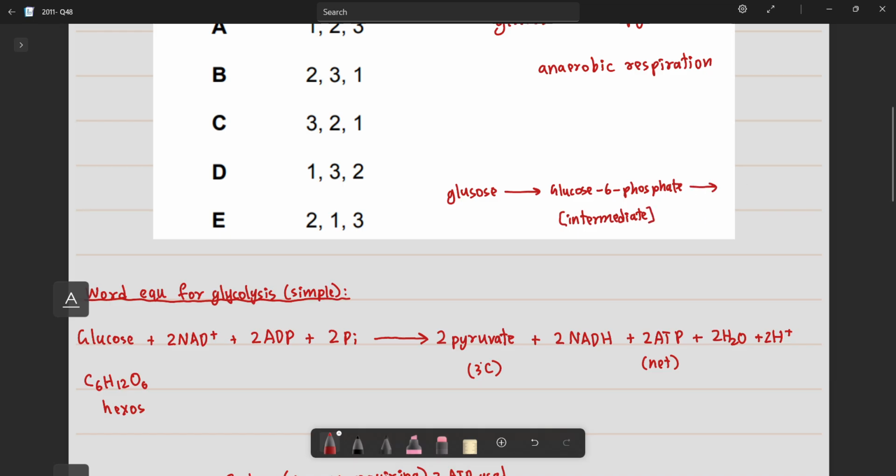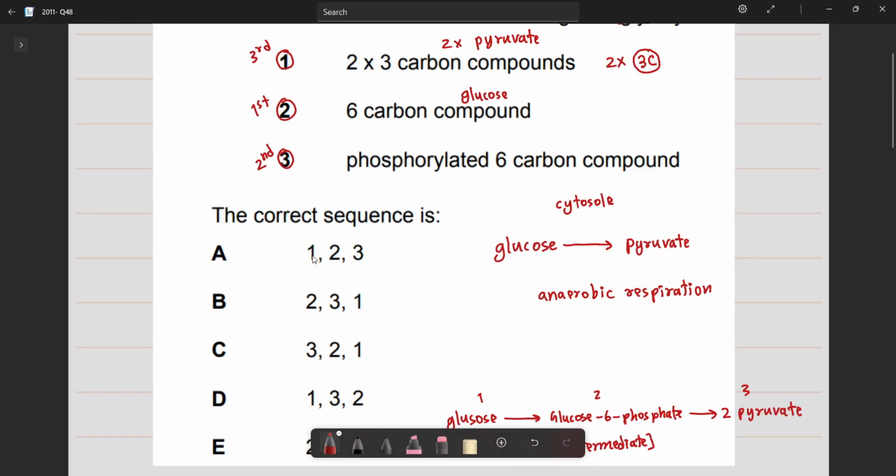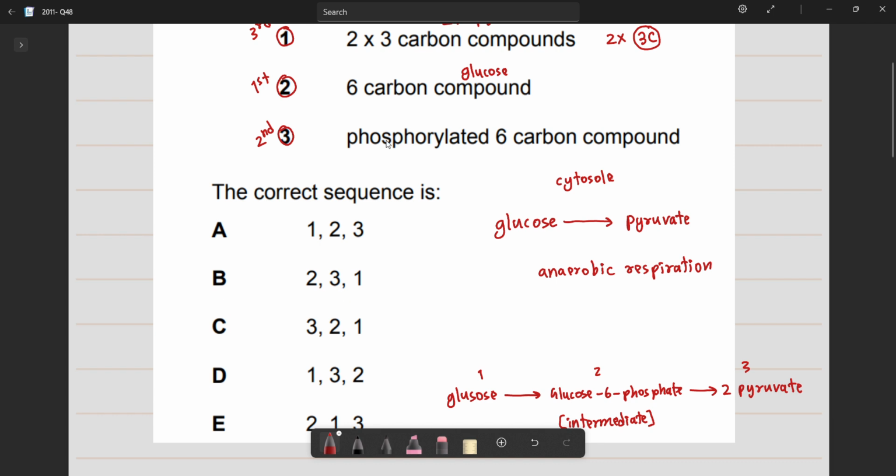And then the third one is pyruvate, which is the final product. So the first, second, third: this is the sequence of glycolysis. Now we can find the correct option for this question. The correct option is option B, 231.